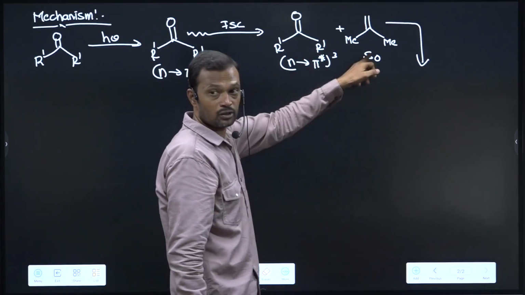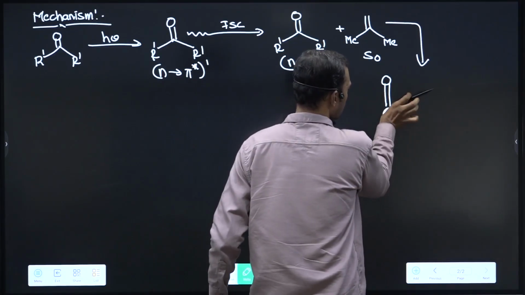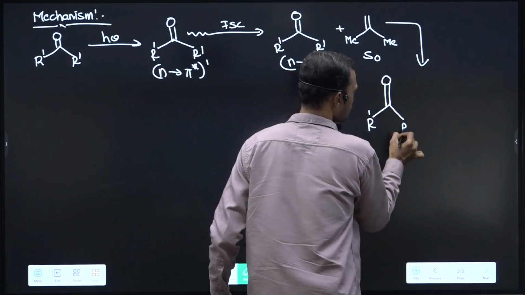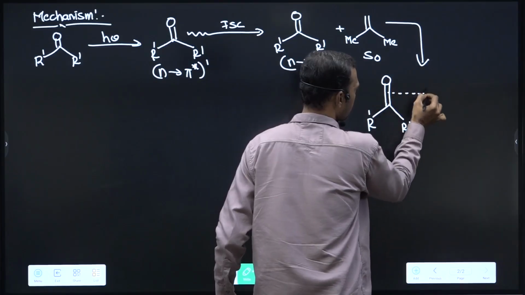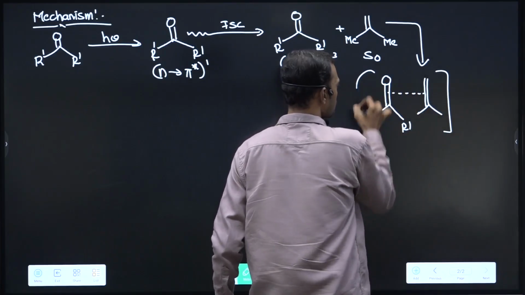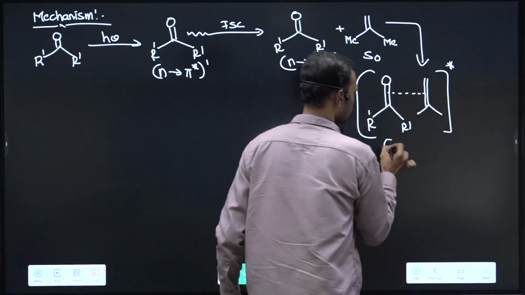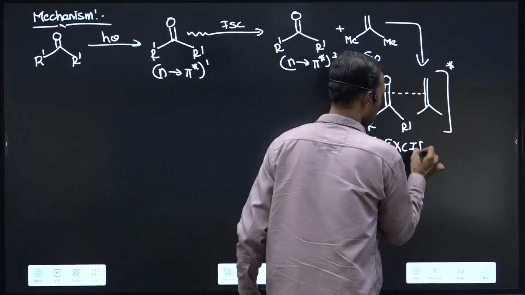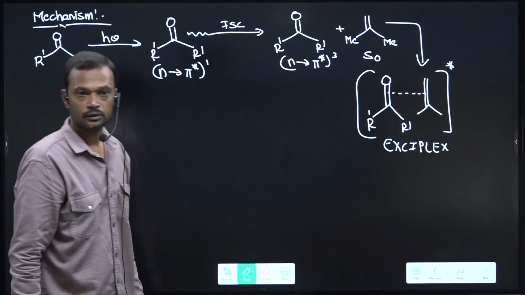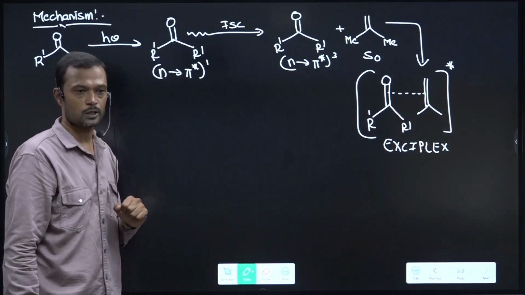Now these two undergo charge transfer complex formation. The excited partner combined with the ground state partner forms a charge transfer complex. The complex formation takes place by R dash over here. This is called charge transfer complex. Now for this charge transfer complex, two possibilities are expected.